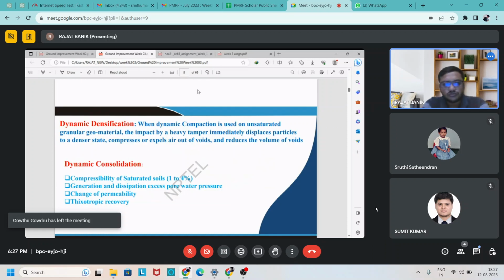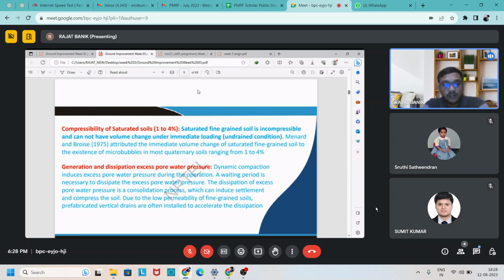So it is quite similar to the consolidation technique, and it is also called dynamic consolidation. Dynamic consolidation happens in four ways. First is compressibility of saturated soil. Second is generation and dissipation of excess pore water pressure. Third is change of permeability, and fourth is thixotropic recovery. So we discuss these four dynamic consolidation mechanisms one by one.